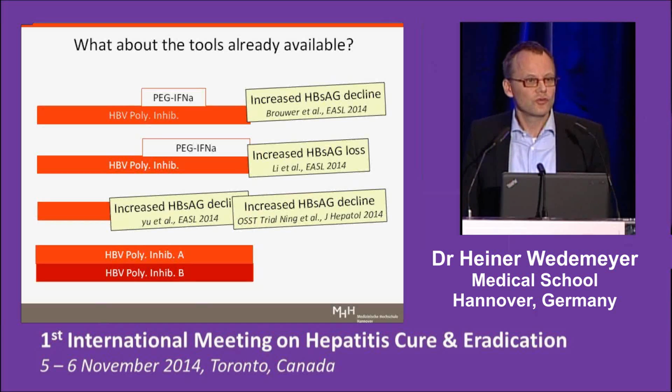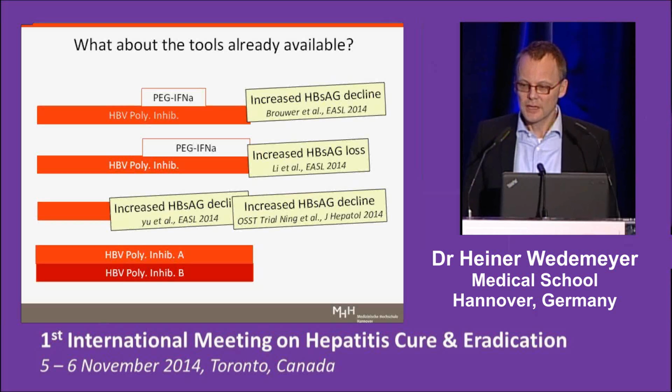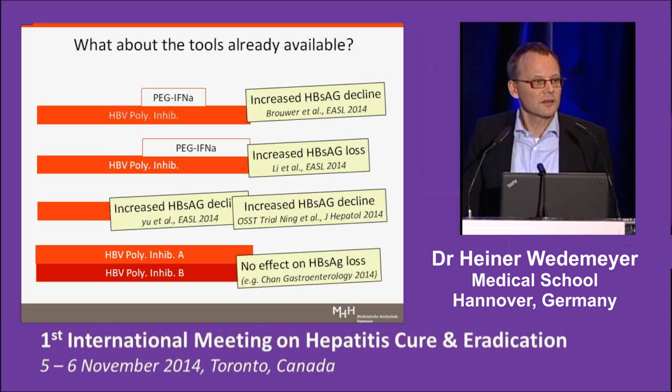So do we need new drugs after all what I have shown you? The combination with interferons will still need to be explored, but obviously with all these different approaches, not the magic bullet. But stopping NUCs is already possible. And I was surprised not seeing this slide in all these talks before. The famous study, or series of patients, published from Greece by Stefanos Hatsianis, shows that indeed you can stop NUCs after quite some time, and some patients, half of them, have even an S loss.